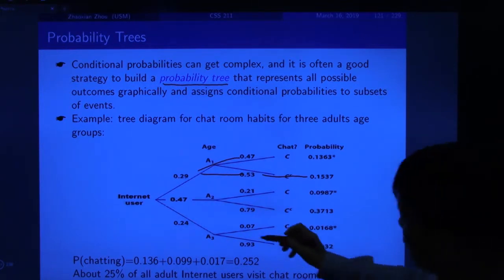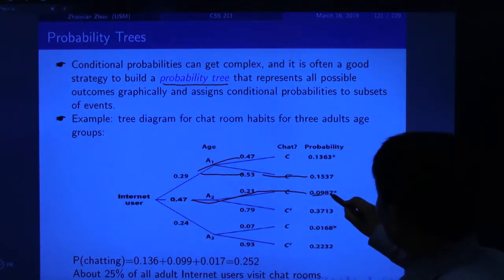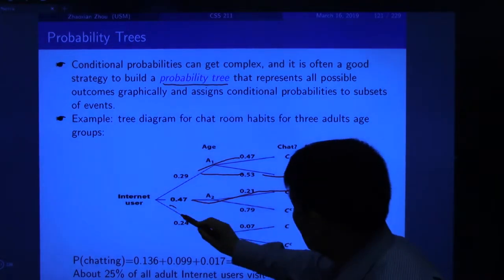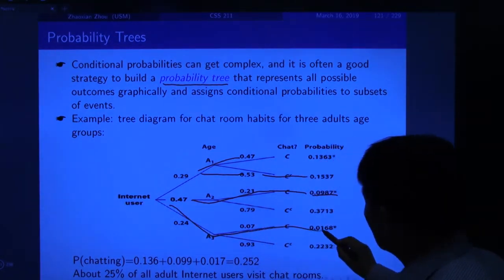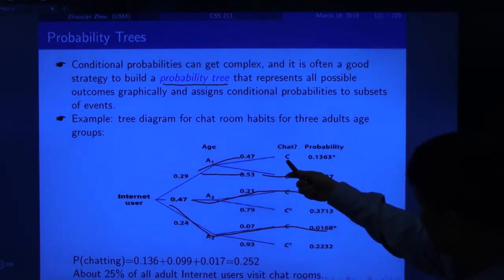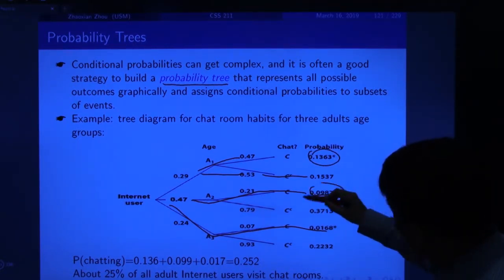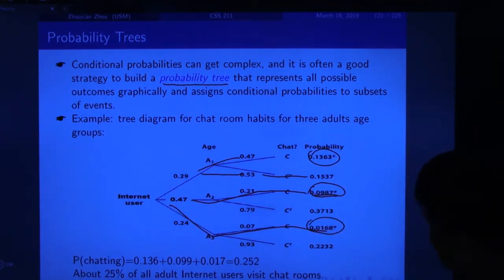The same thing applies here. In this group, 47% times 21% gives us 9.87%. And for this one, 24% times 7% equals 0.0168. So we have three groups. In this group, we have a total of 13%, in this one 9%, and in this one 1%.